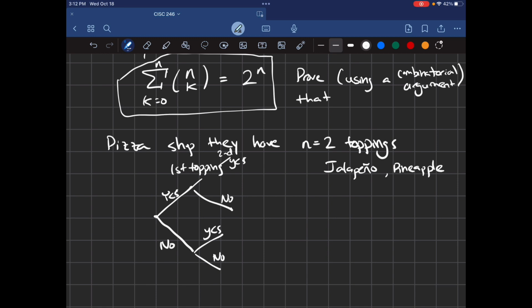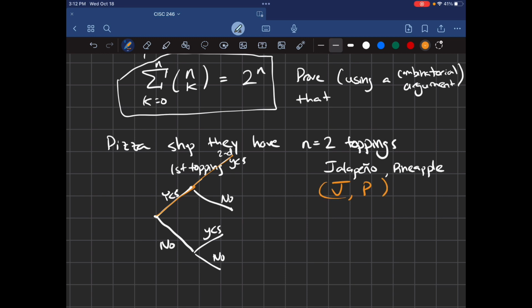So just following along in this tree diagram, if I say yes to jalapeno and then yes to pineapple, that means yes, I have jalapeno, and yes, I have pineapple.